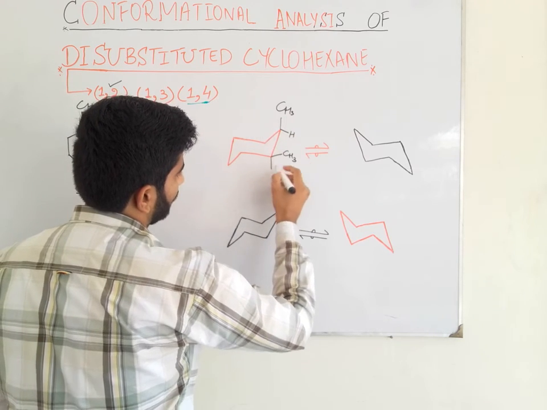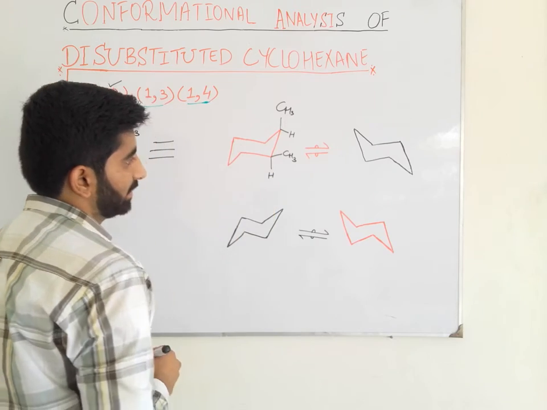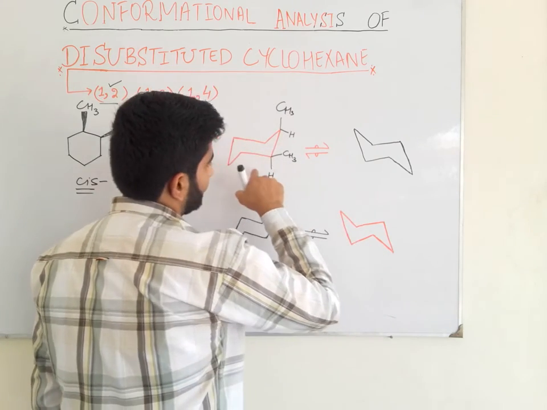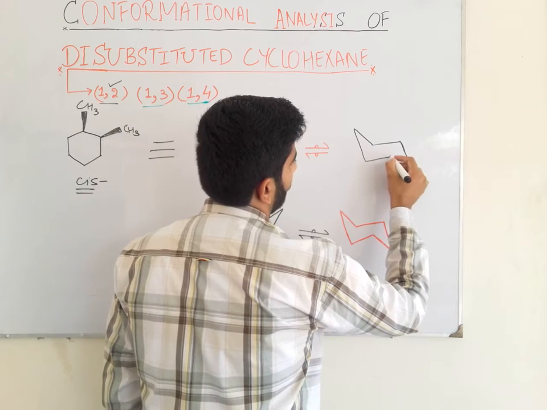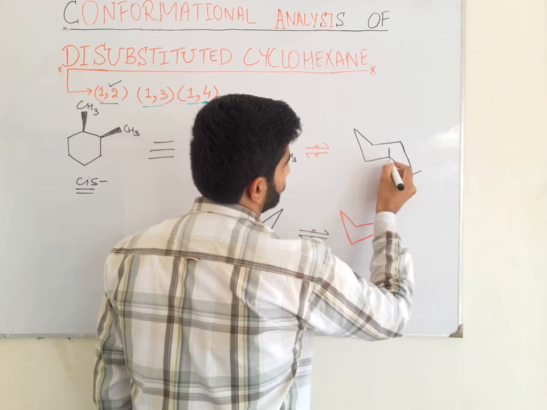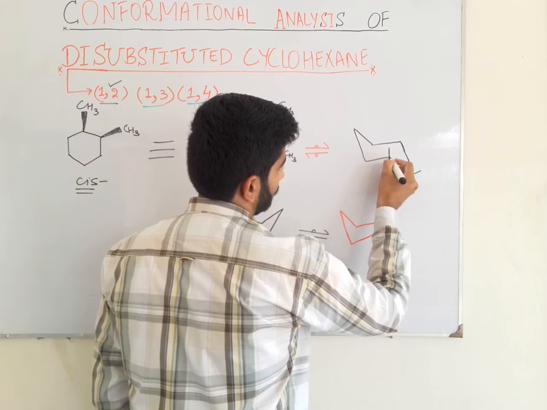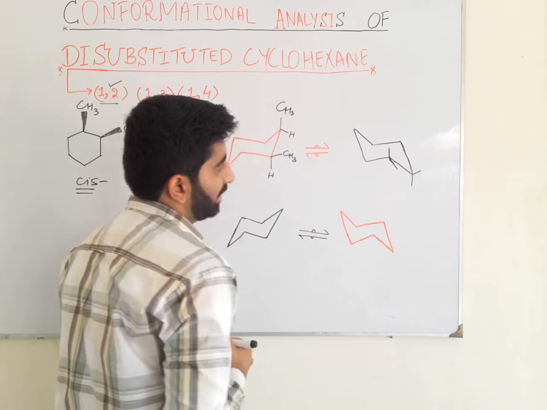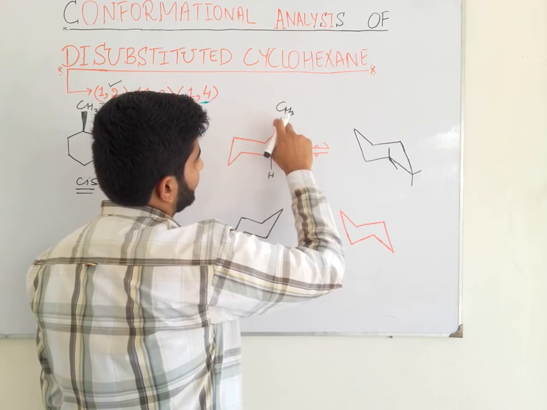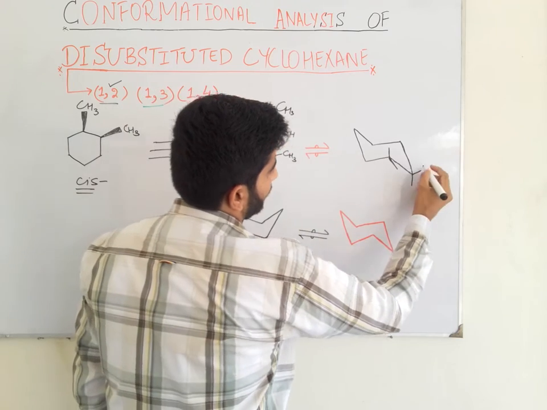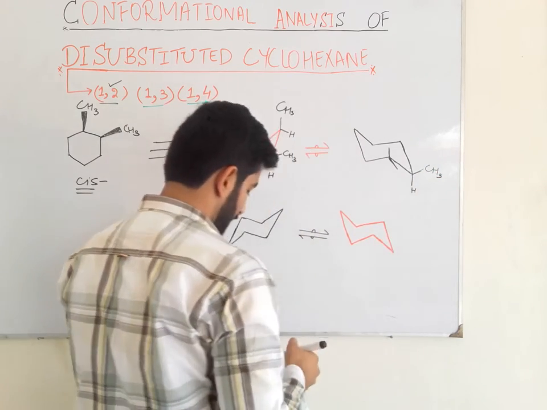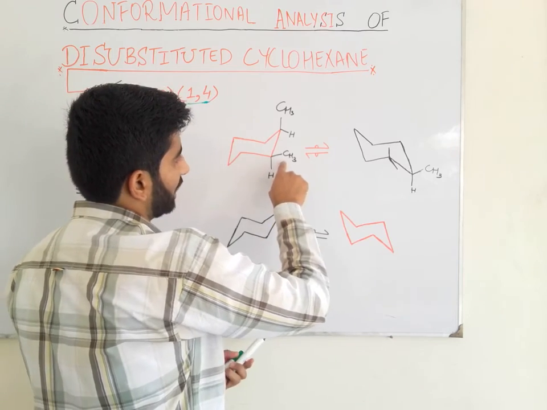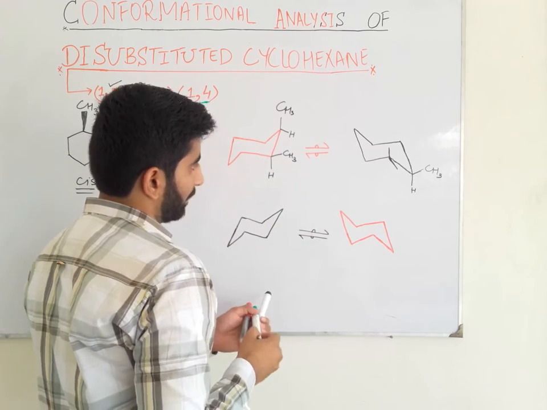There is a hydrogen at the equatorial and a hydrogen at the axial position. When we flip this chair conformation, we get another chair conformation like this. Now we observe that this axial up is converted into equatorial up, and this equatorial up is converted into axial up.